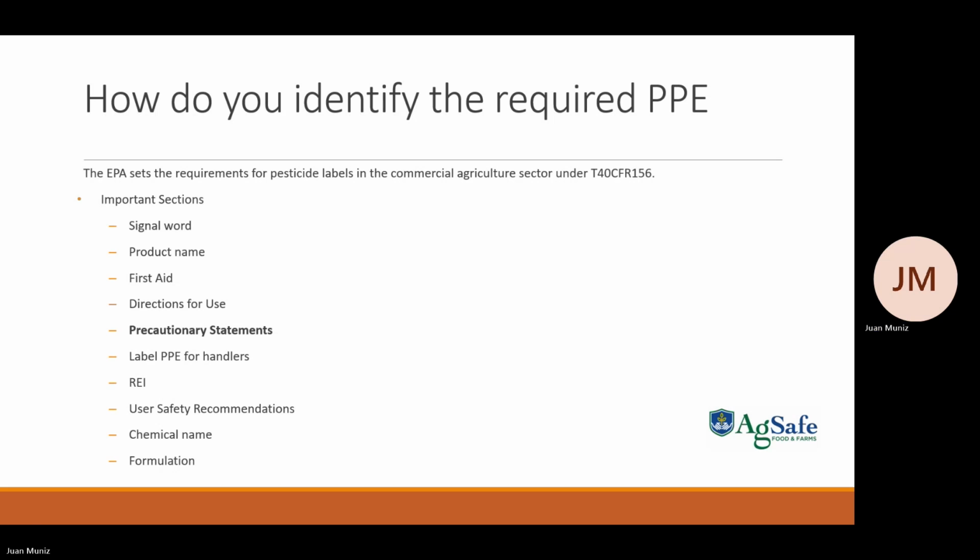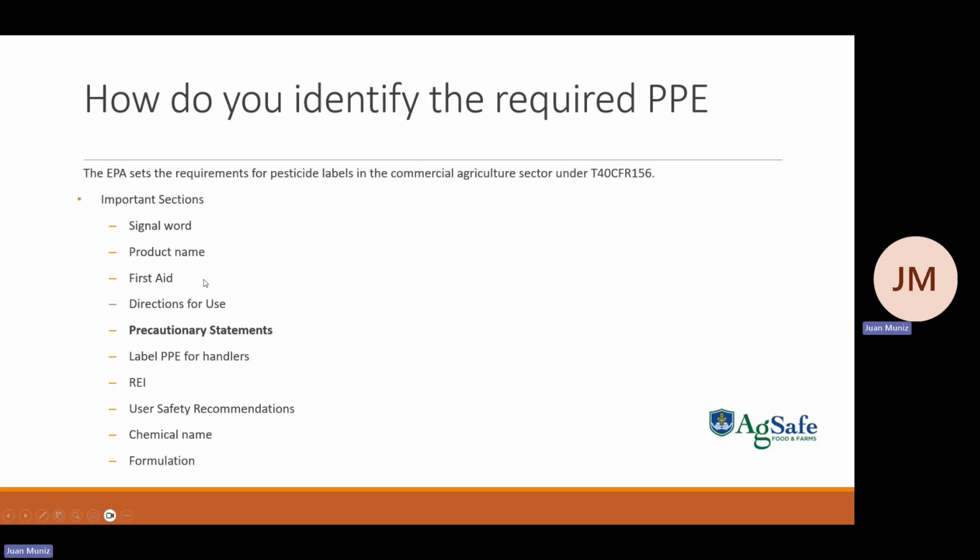They also have label required personal protective equipment for handlers and other users. They also have a section regarding the re-entry interval, or REI. It specifies the amount of time that people should stay out post-application. It also has a section designated for user safety recommendations. They must have a chemical name, and they also have information on formulations.